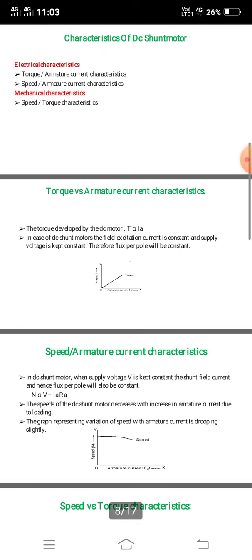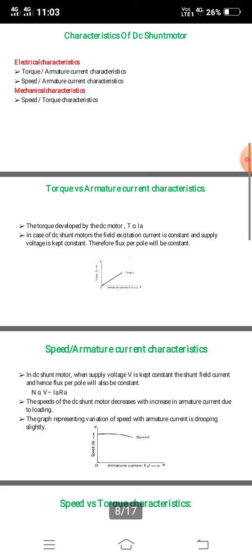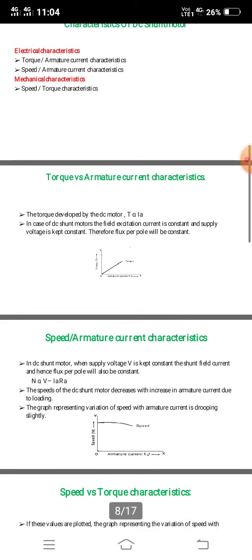First let us see the DC shunt motor. In the DC shunt motor, the field winding is connected in parallel. We begin with torque versus armature current characteristics.